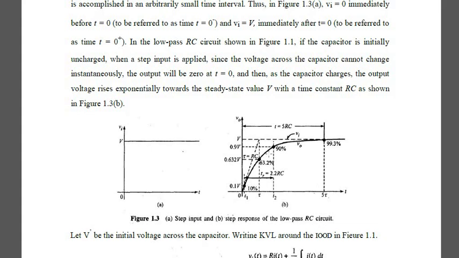Your initial value is charged to the final value, and to reach the final value, completely charging the capacitor, you require some time. That particular time is called your rise time. I'll repeat it once again, please do note it down. The rise time is defined as the time it takes for the voltage to rise from 0.1 to 0.9 of its final value.